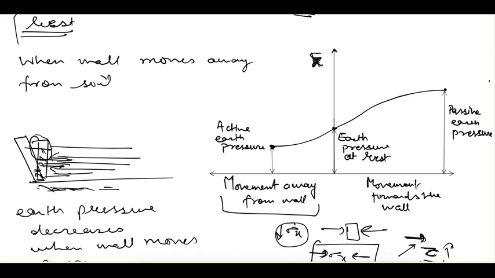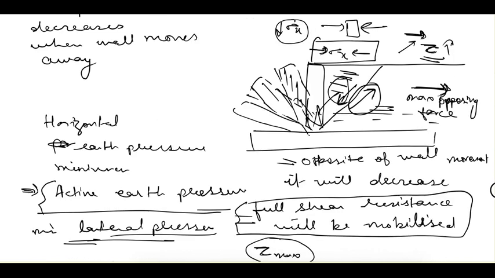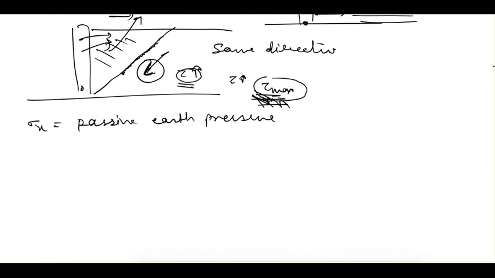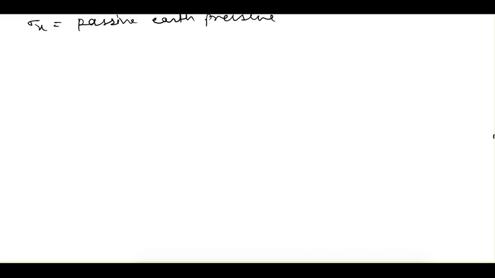When we talk about active earth pressure and compare it with the earth pressure at rest, it decreases. Whereas if we talk about passive earth pressure and compare it with the earth pressure at rest, it increases. So these are the three cases, and we will see how to derive the formula for that. Let's start with earth pressure at rest.